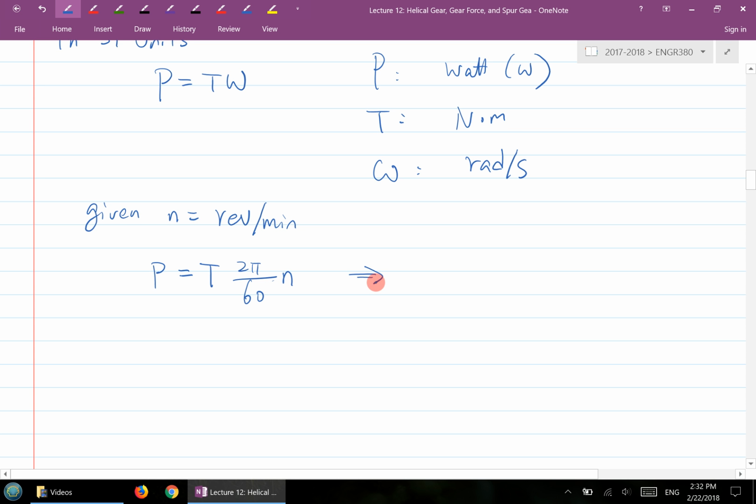The usage of this formula could be, given the amount of power, to calculate the required input torque. You can inverse calculate the torque, and that gives you T equals 9.55 P over N.